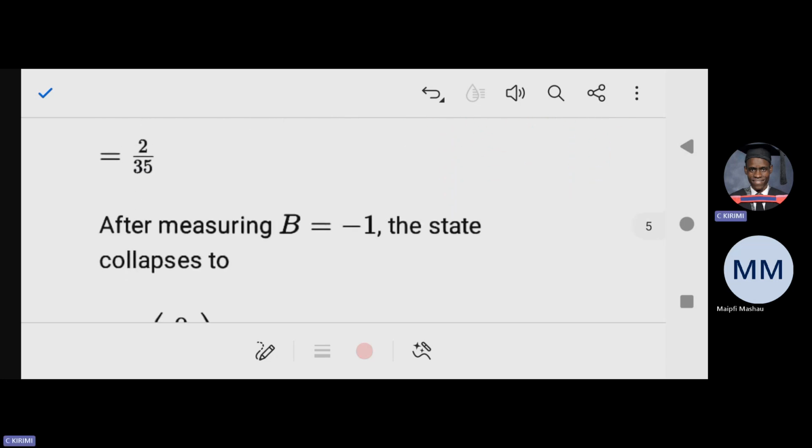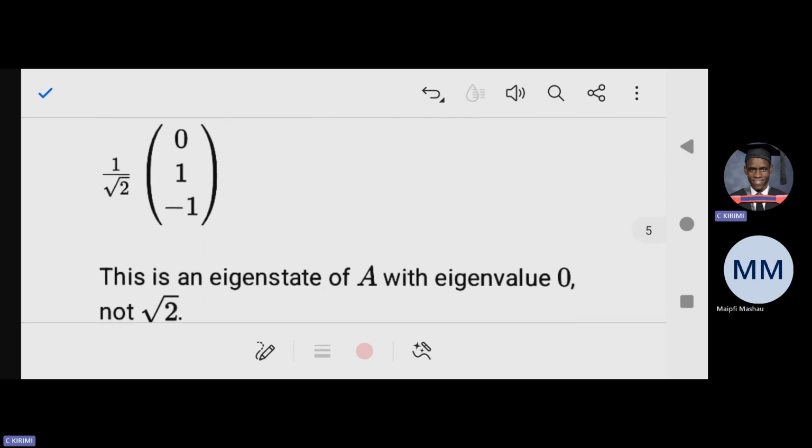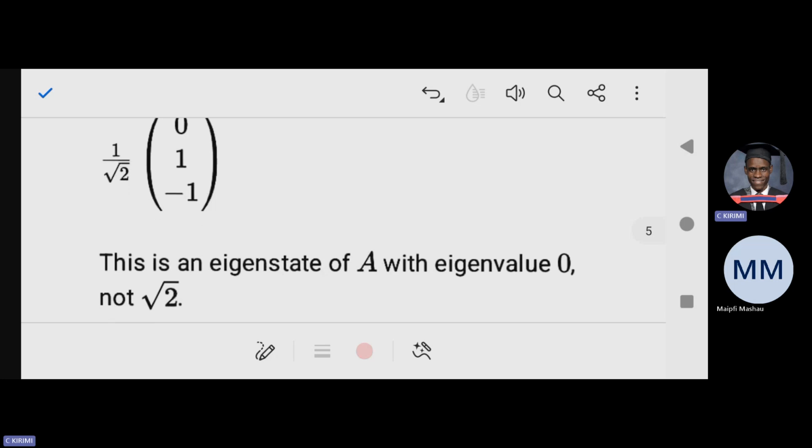So after measuring b negative 1, the state collapses to this space. This is the space of b negative 1, so the eigenstate of A with the eigenvalue 0. So we want to get an eigenvalue 0, not root of 2.